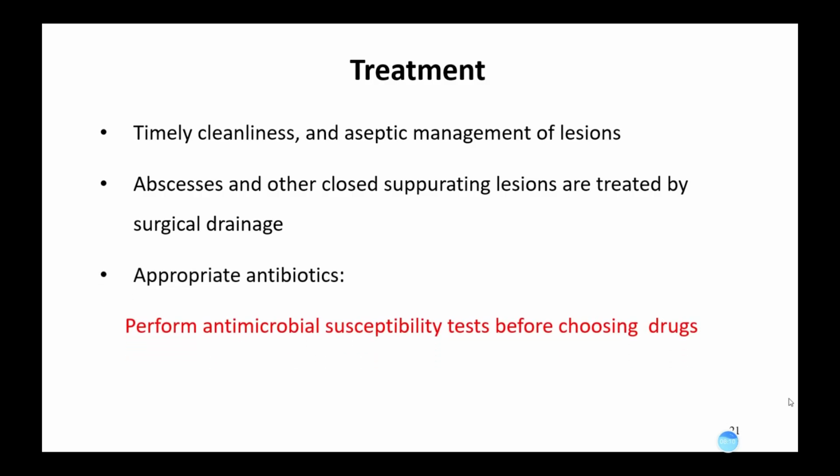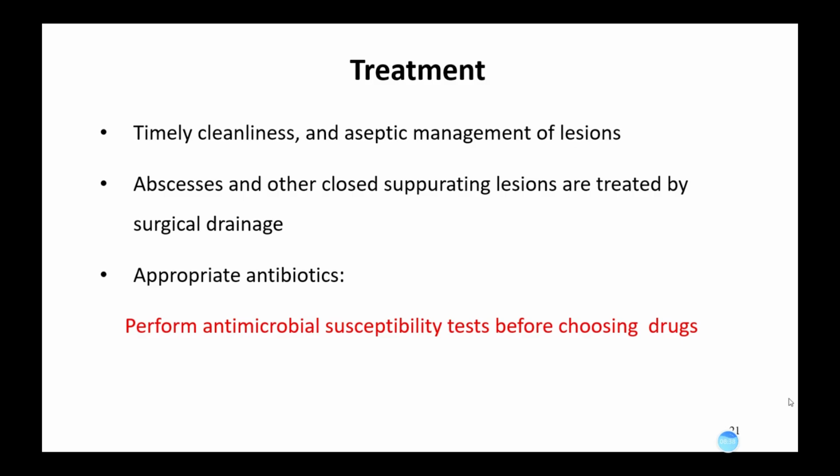And we should use the appropriate antibiotics. We can perform the antimicrobial susceptibility test before choosing the drug. You want to use the proper antibiotic so that it's more efficient, and also we can save the antibiotics, which can cause selection pressure for other microorganisms.